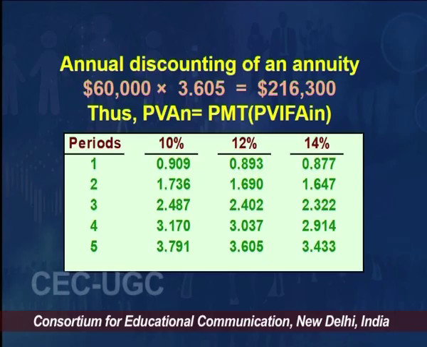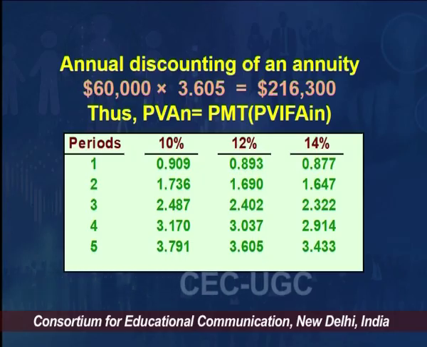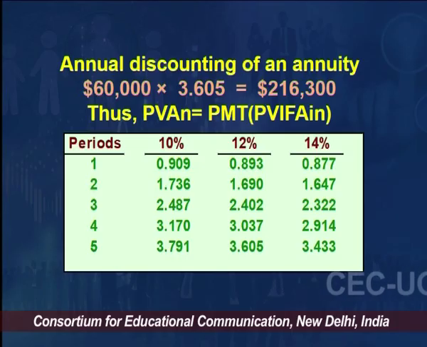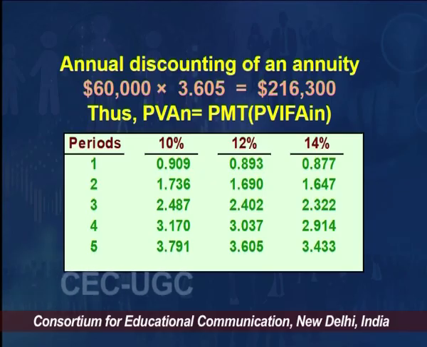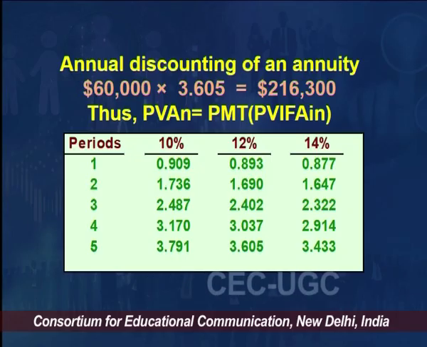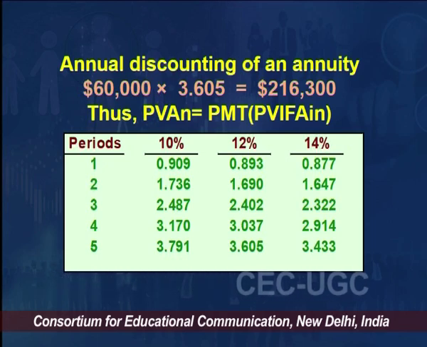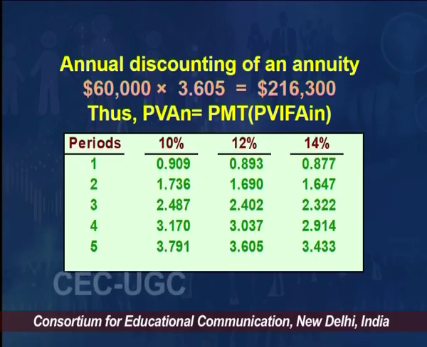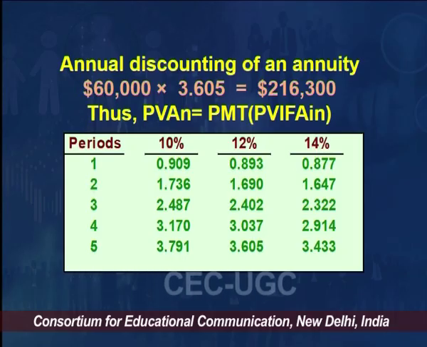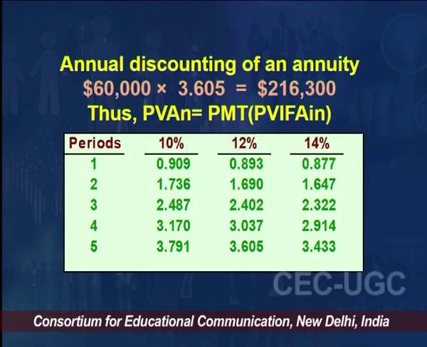You are getting something which is worth 2,16,300 today, for which you are going to pay in installments in the future. So the discounted value of the payments, your cost, is 2,16,300. A better comprehension would be that my cost of that piece of land is 2,16,300 and not 3 lakhs, because you are going to pay in the future. So, one way is to find this out with the annuity table.